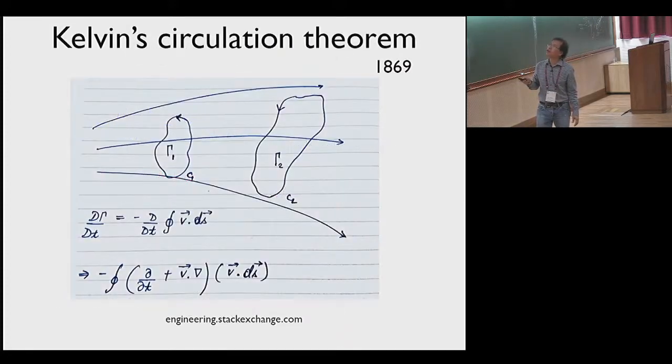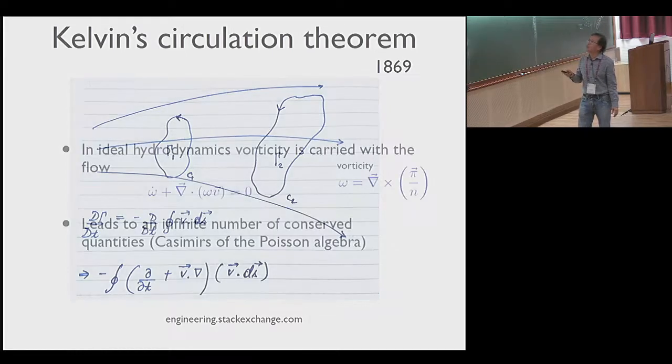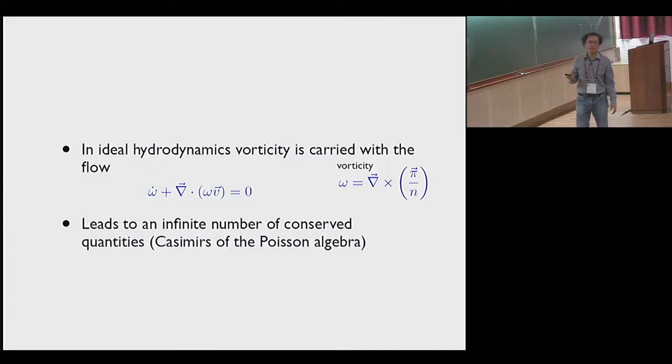That brings us to something called the Kelvin circulation theorem, proven by Kelvin for dissipationless hydrodynamics in 1869. In two dimensions, it says that the vorticity in hydrodynamics is conserved, and it's related to the Casimir of the Poisson algebra.